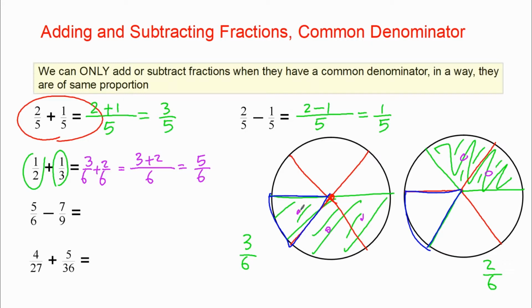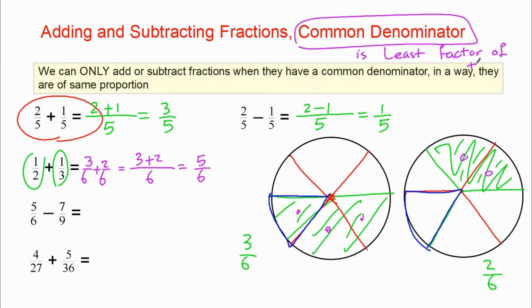But another, more straightforward way for a common denominator is the least common factor of two numbers.